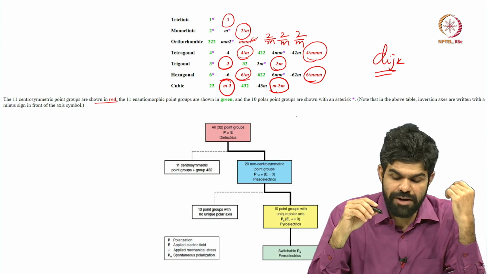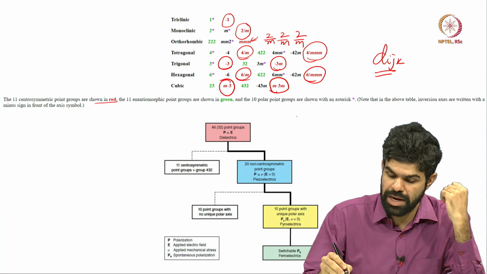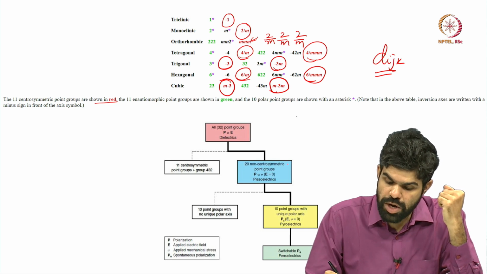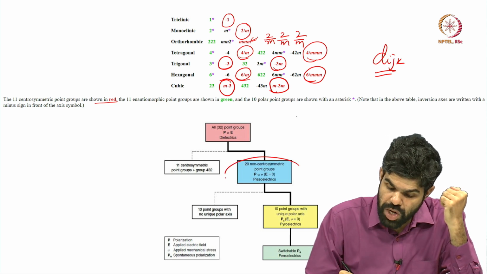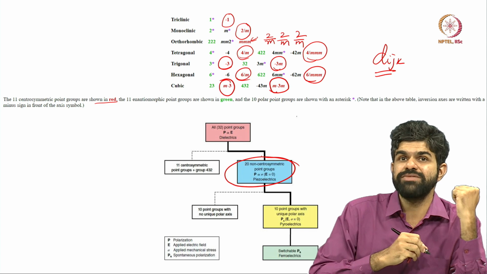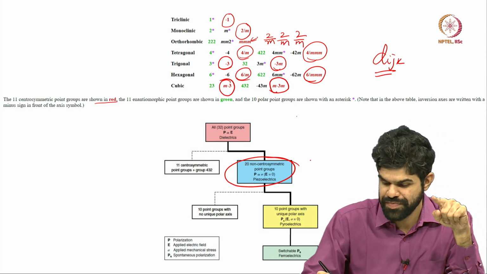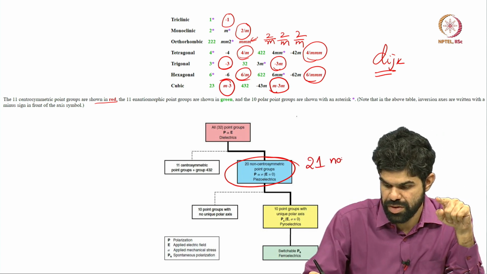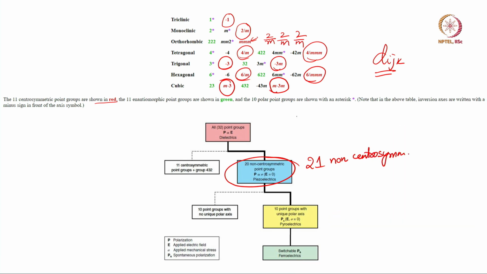So, if I have to look for piezoelectric materials, I will look among the 20 non-centrosymmetric point groups, actually 21. If I have materials which belong to one of these 21 non-centrosymmetric point groups, I will suspect that there is piezoelectricity there.